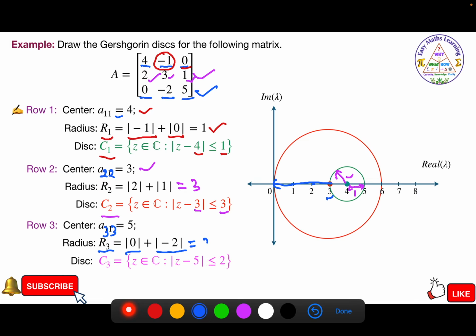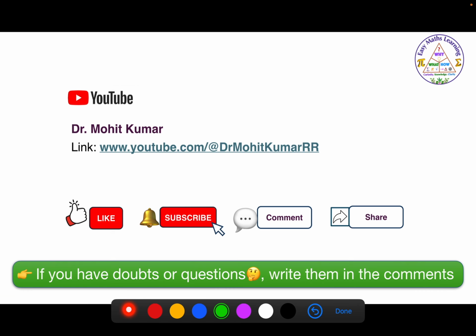So we are getting 2 here. Now we get disk C3 with center 5 and radius 2. You can see here the center is 5 and the radius is 2.